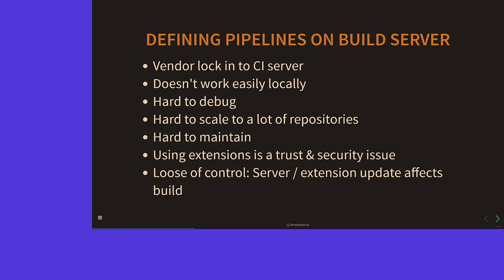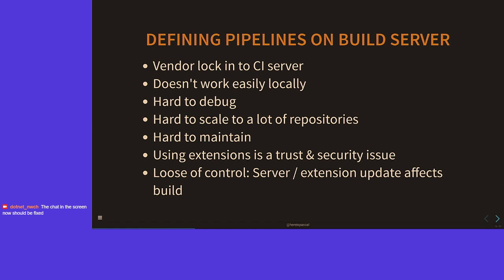If you define your build pipeline on the build server, you create a dependency on it, which means if you afterwards want to change your build server tool, you need to re-implement your build logic. Or if you want to use several build servers, for example one for Linux and one for Windows, you need to implement it twice. So you have all the vendor lock-in there.